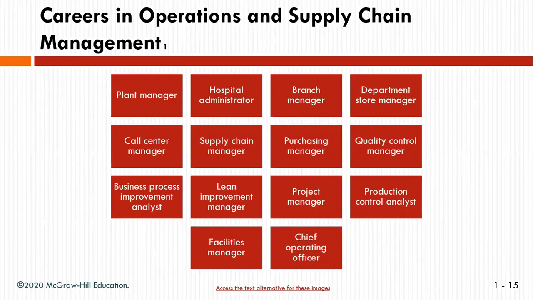And you have the production control analyst, who looks at production, how to improve it and how to minimize the cost. Then you have the facilities manager, and COO. This is one of the jobs that I used to do as a chief operating officer for value-added services, which is a combination of product and services.